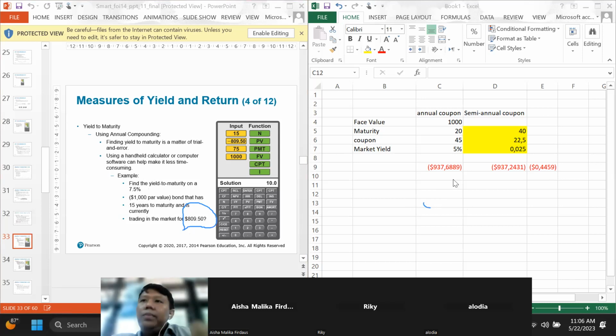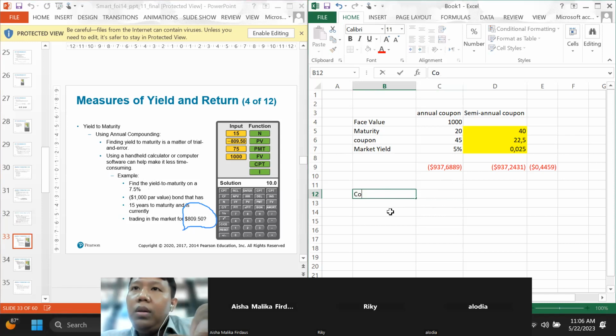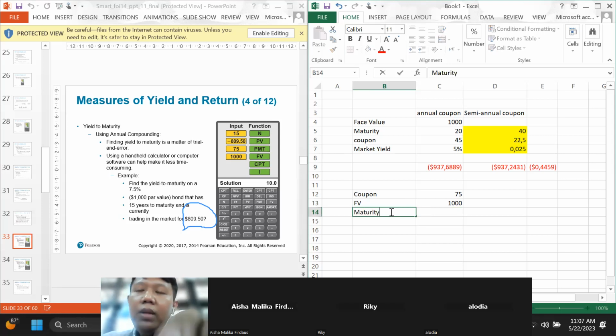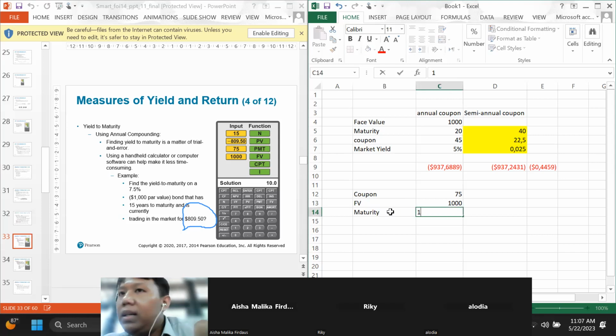So we will just put the data here. First, the coupon: they give you a coupon of 7.5%, meaning 75 US dollars. The face value or the future value is 1,000. The maturity is 15 years.